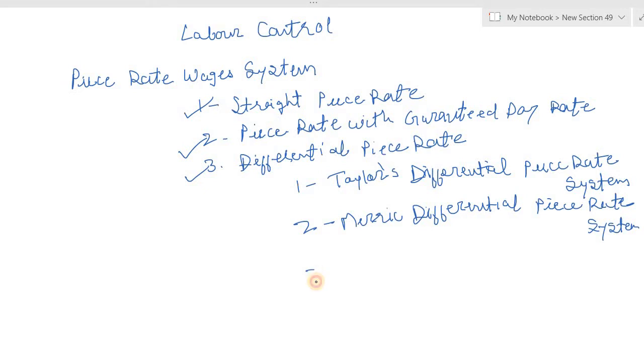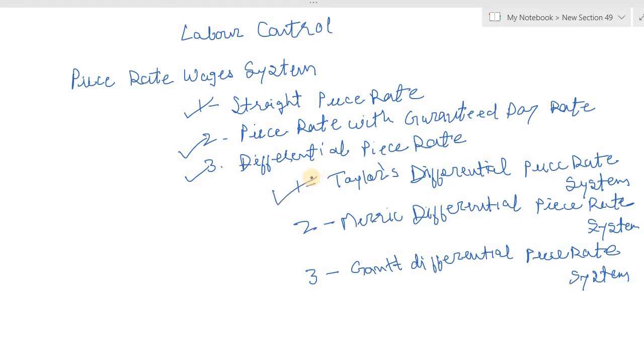And the third one is Gantt differential piece rate system. Let's take the first, Taylor's differential piece rate system.